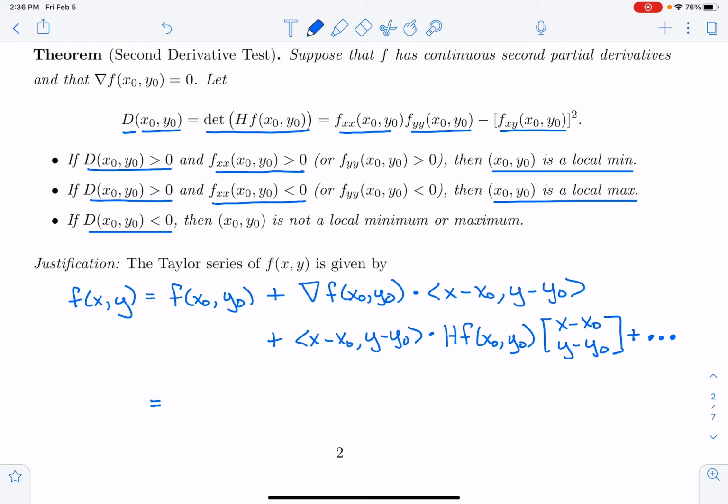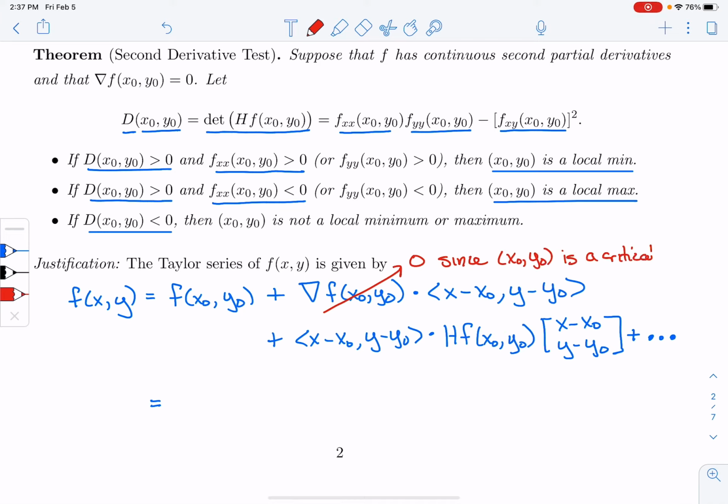Now let's look at the series and notice that the gradient of f is going to be 0, because we're looking at this at a critical point. So this is 0, because x0, y0 is a critical point. So that part of it's 0.